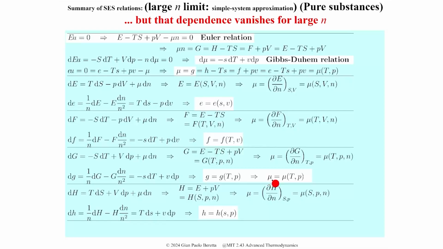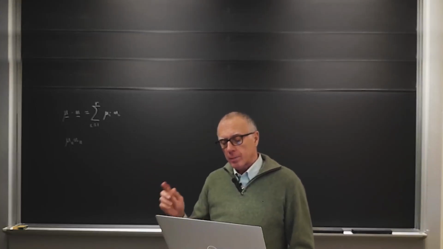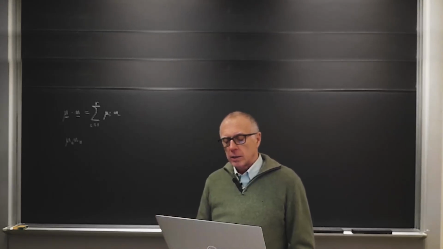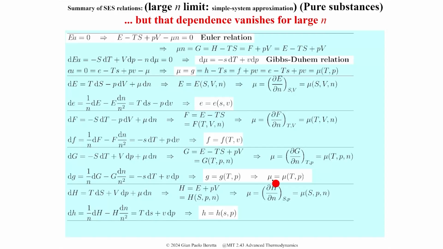Whereas for a mixture, the phase rule, depending on how many phases you have coexisting and so on, some chemical potentials can be changed independently. Not for the pure substance.